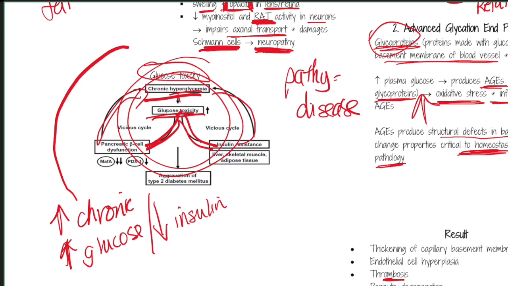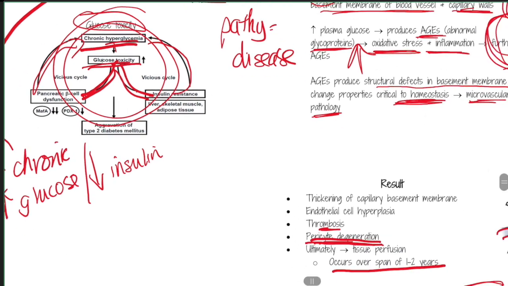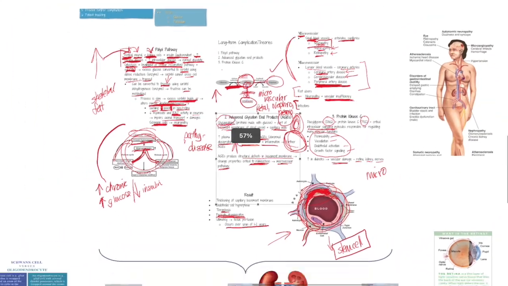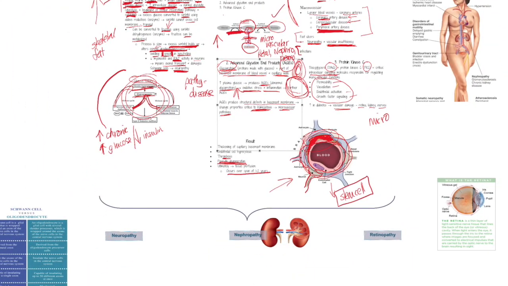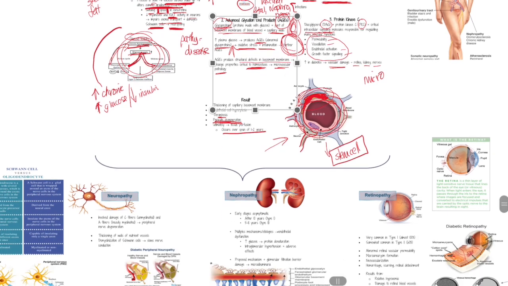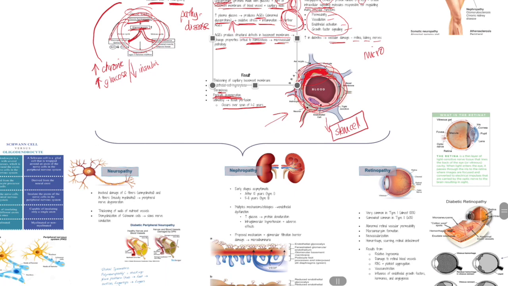And so this, along with all of these other theories that we've talked about, when you put all of those things together, those are the theories as to how these microvascular complications, neuropathy, nephropathy, and retinopathy, are coming about because of diabetes.